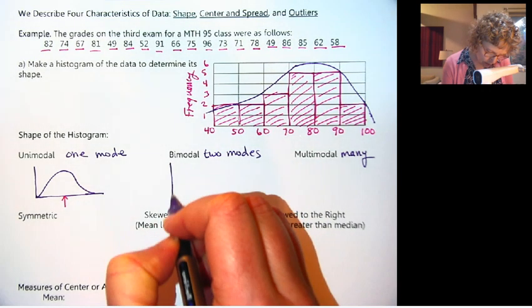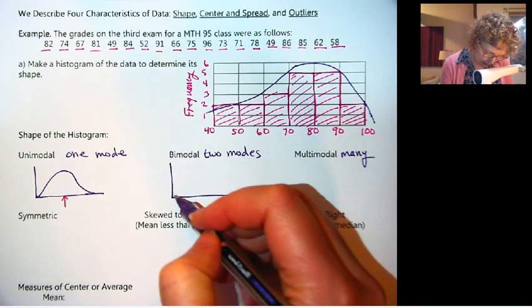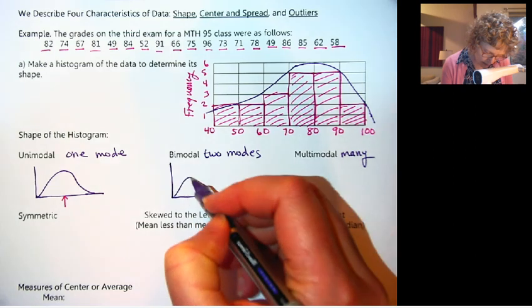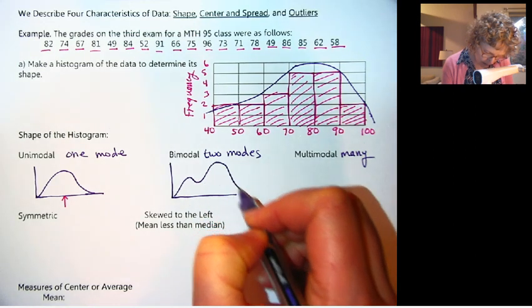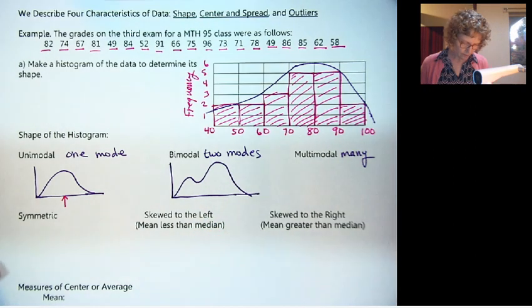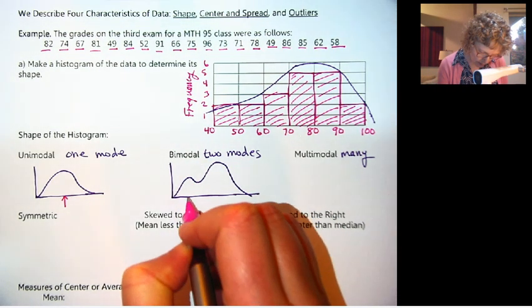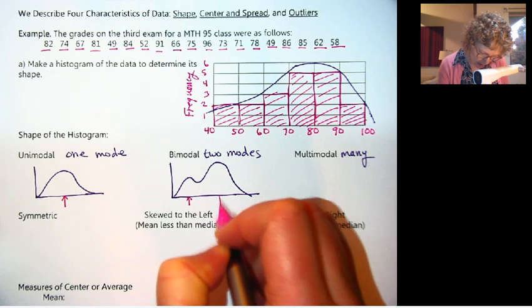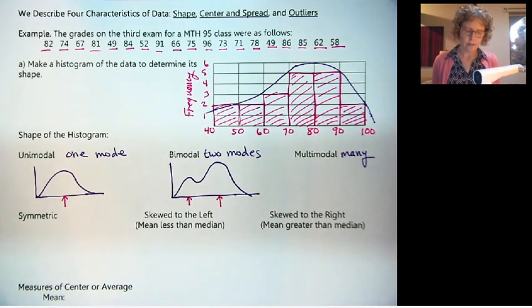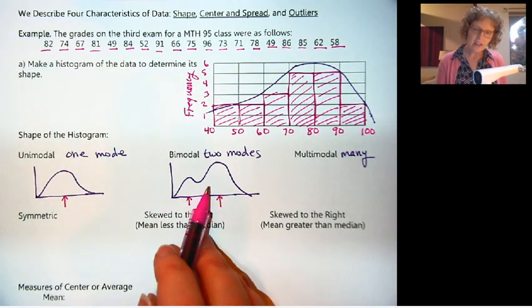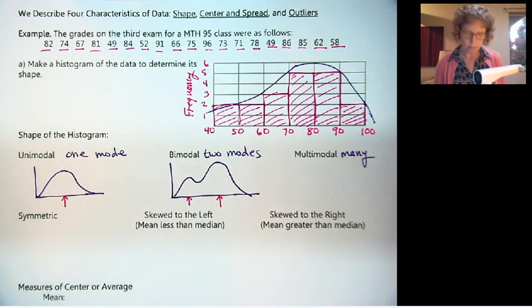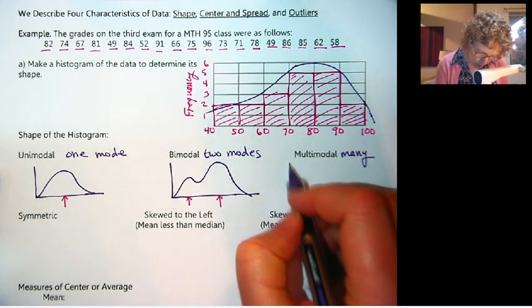Bimodal, a graph like that would look like 2 modes, and they don't have to be the same size, they don't have to be symmetric. That would be 2 modes. There would be a peak here and a peak there. So this is telling us part of the shape. 1 mode, 2 modes, or many modes, so it would have 3 or more.